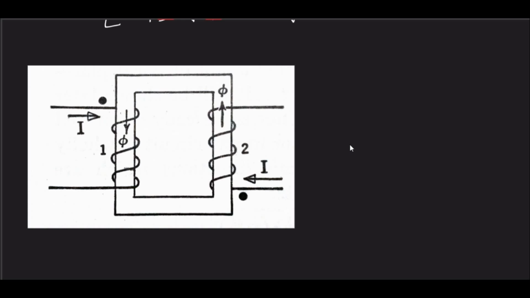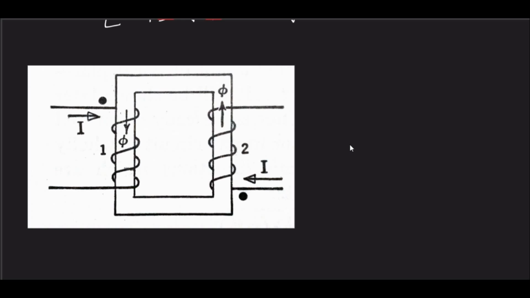Now here, while marking for terminal 2, we have to select the dot and place it at that point where, if we inject current, suppose winding 2 is having 2 terminals.